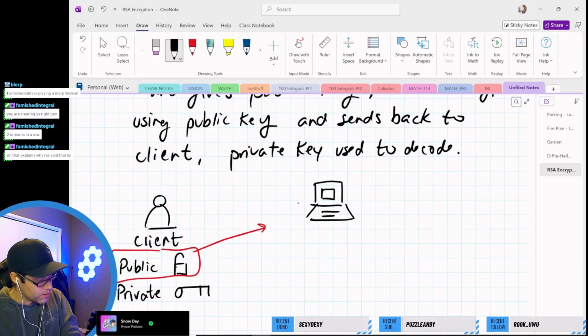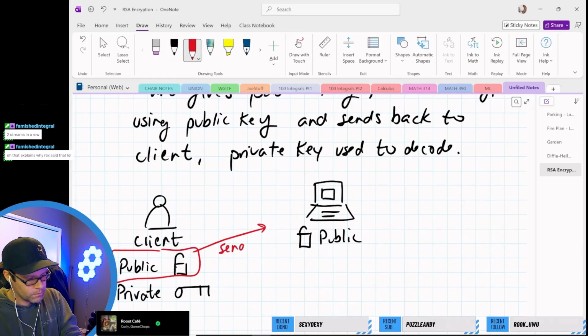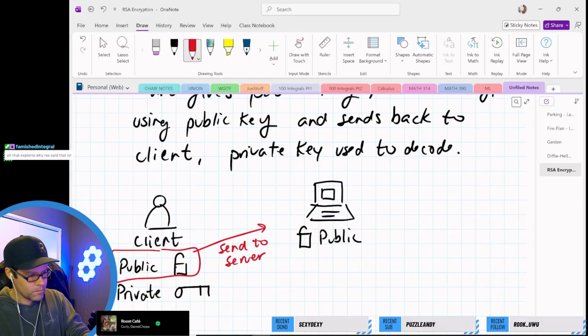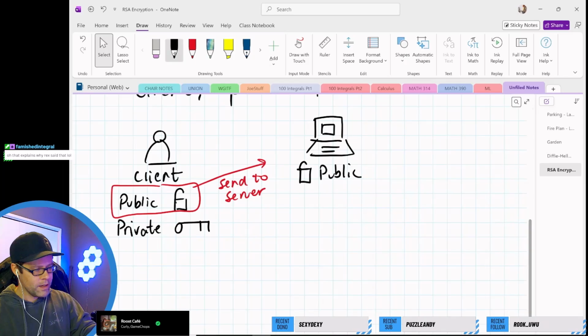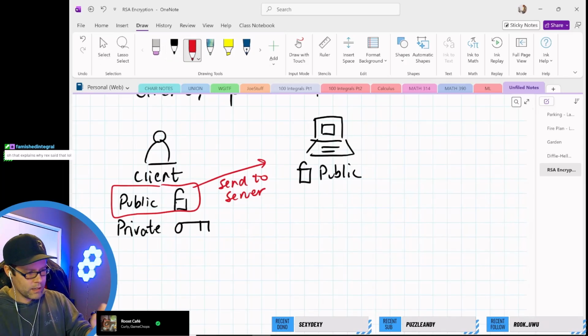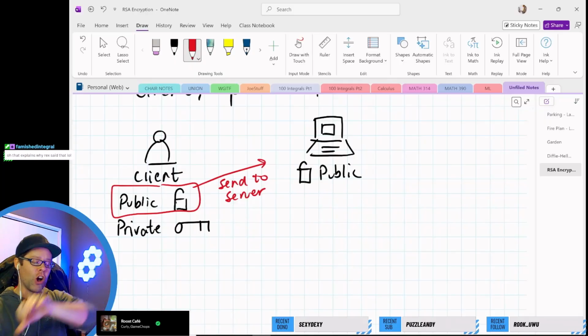Right, so now the computer is going to have the public key. And then what's going to happen is that server, in conjunction with the public key, is going to encode the message.